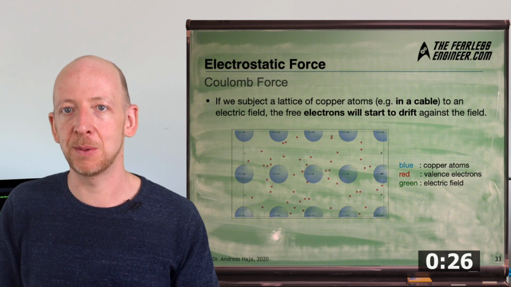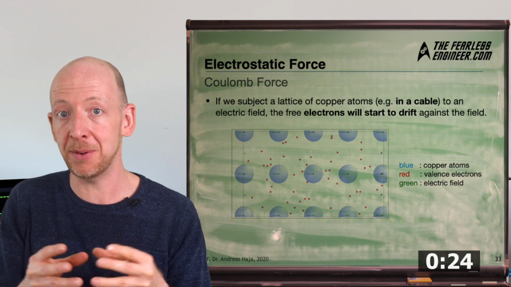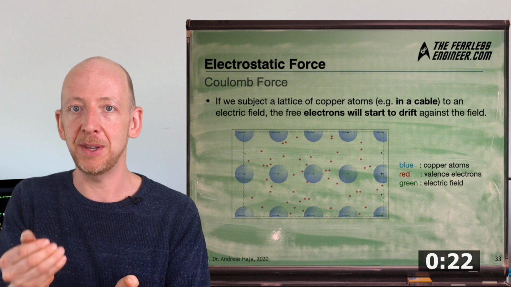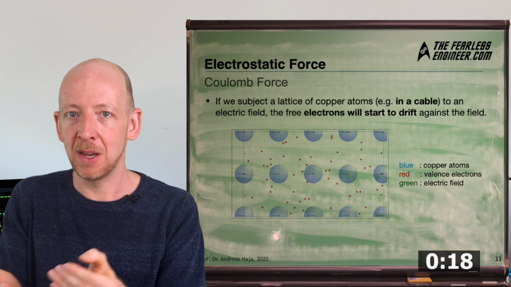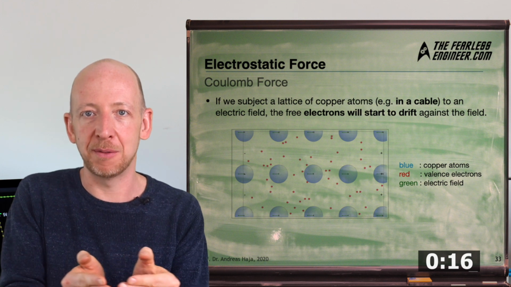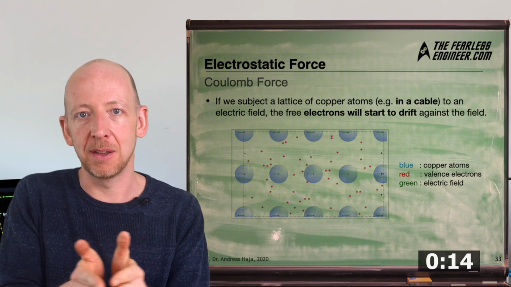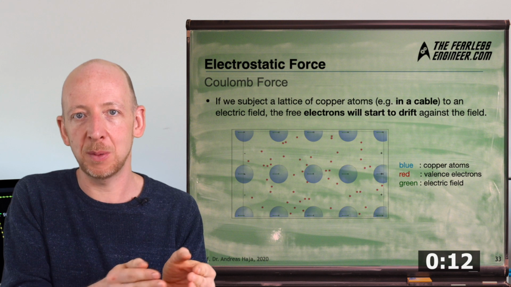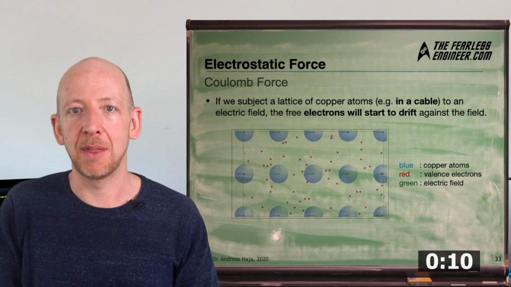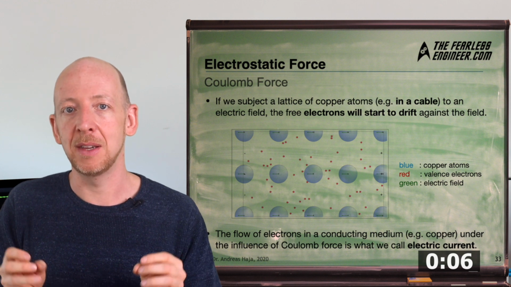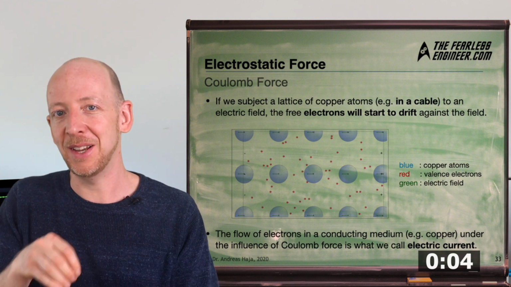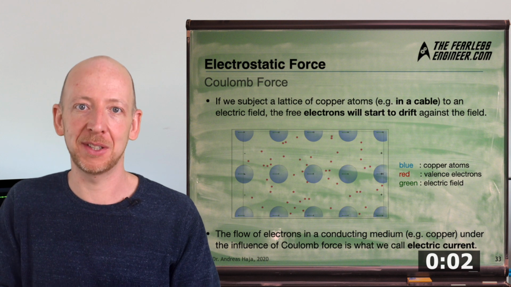We have the valence electrons which have been freed by the atoms bonding with each other, and the electric field is depicted by a green vector arrow. And once you apply this field, you can see the movement of the red particles, the electrons, through the space in between the atoms in a homogeneous direction. And the flow of electrons in a conducting medium, for example copper or aluminum, under the influence of Coulomb force is what we actually call electric current.